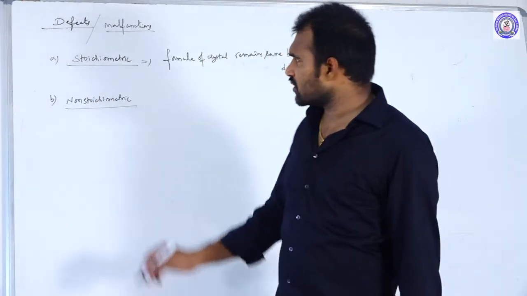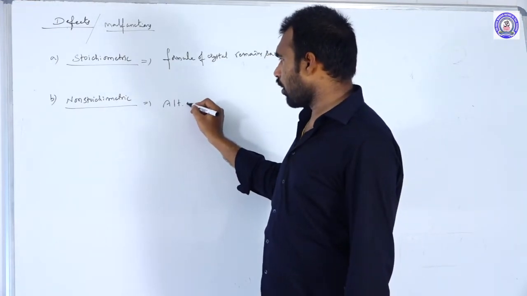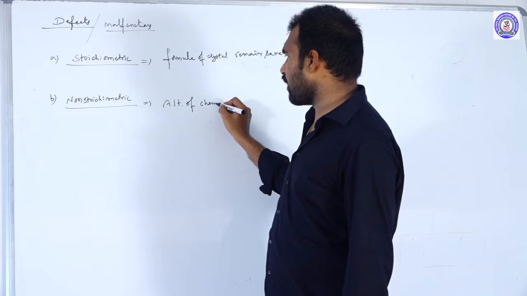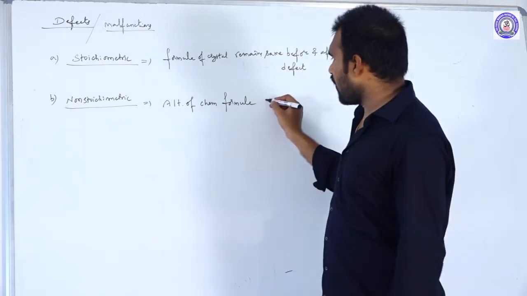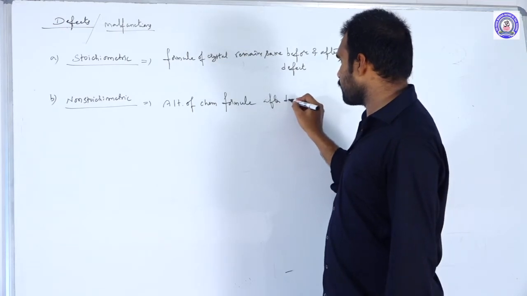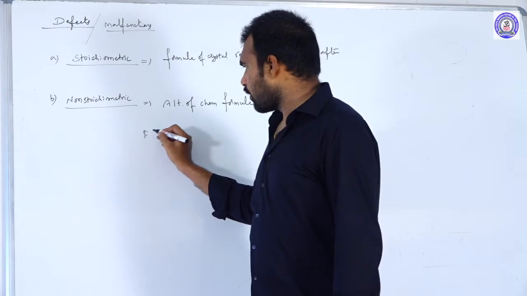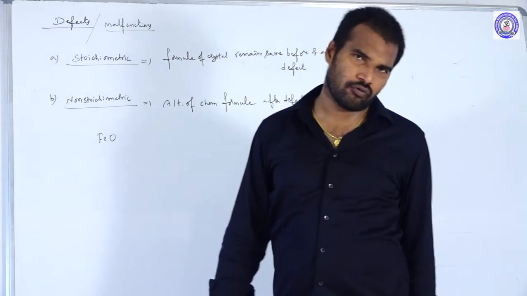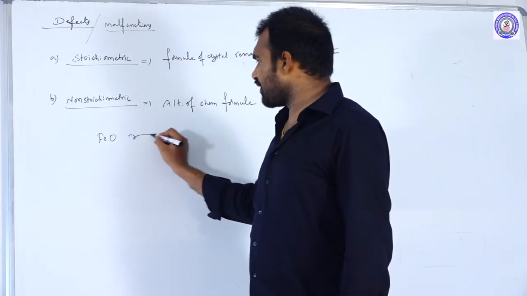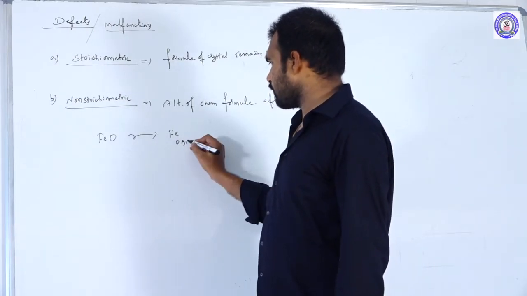Non-stoichiometric defects means there is a variation, an alteration of the chemical formula after the defects. The best example I will give you: before the defects, iron oxide has the formula FeO, but after the defect it becomes Fe0.93O.